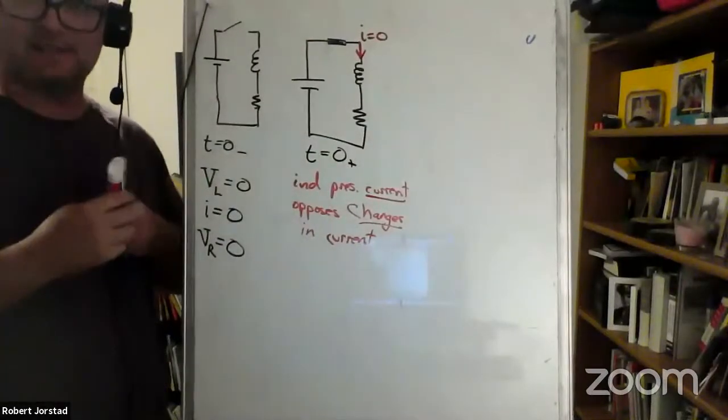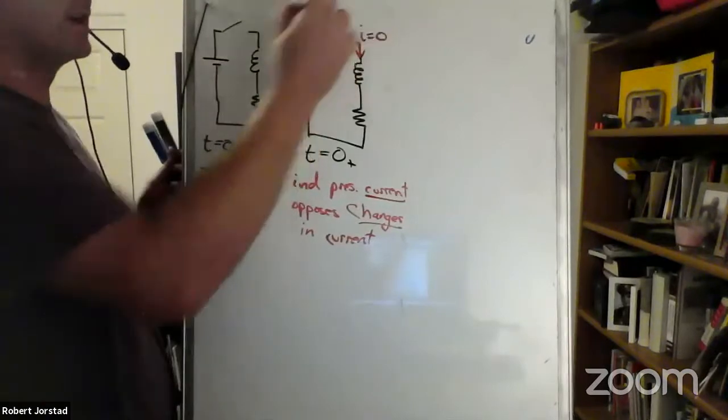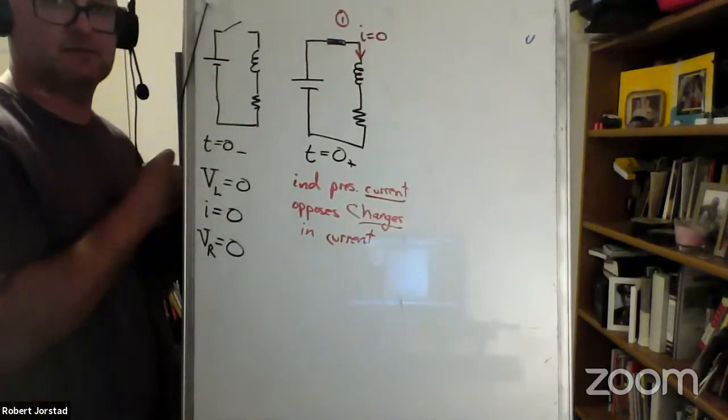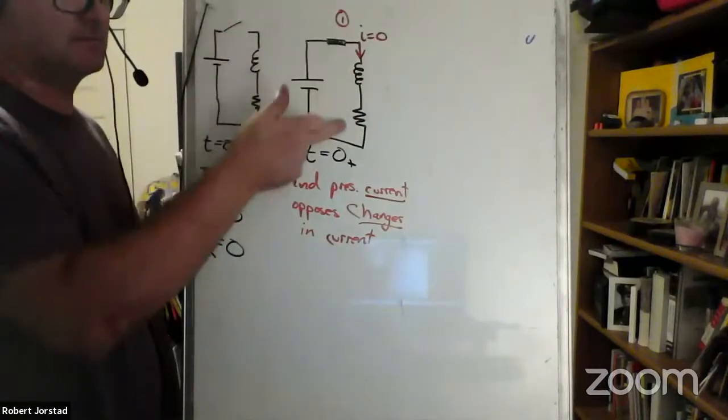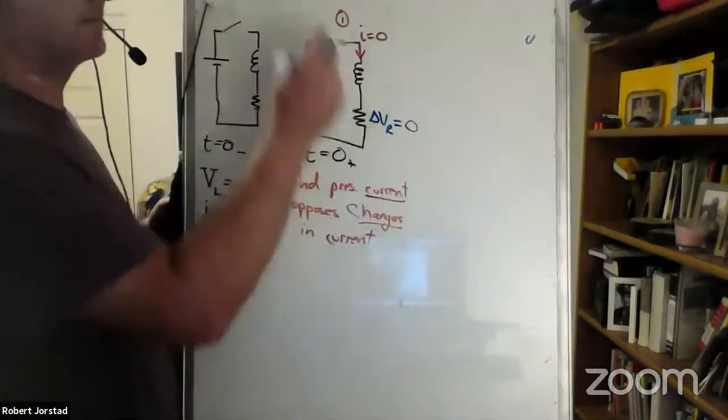What does that tell us? Once you know this, what is next? What can you get from no current? The voltage across the resistor equals 0, because I is 0.